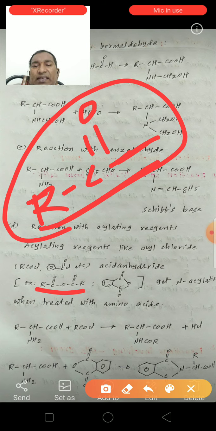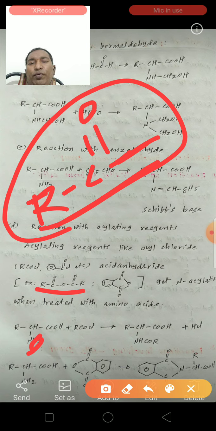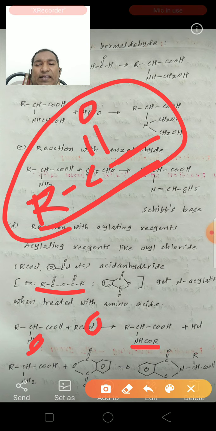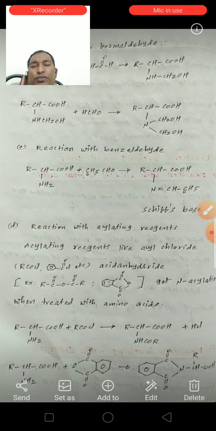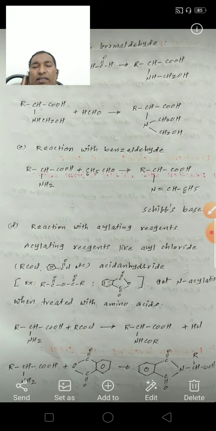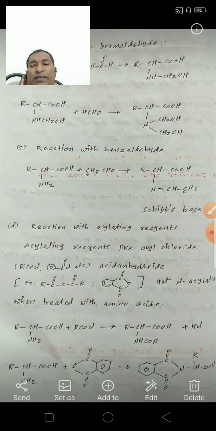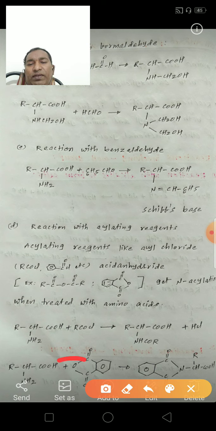So in the N-acylation, RCHCOOH NH2 reacts with RCOCl, removing hydrogen and Cl, and the RCO group is attached to the NH group, plus HCl is removed. Similarly with acetic anhydride or phthalic anhydride, which react with this group by removing a water molecule.